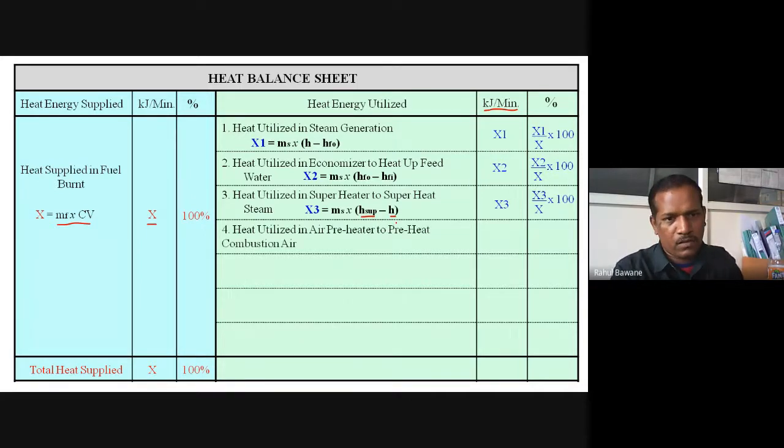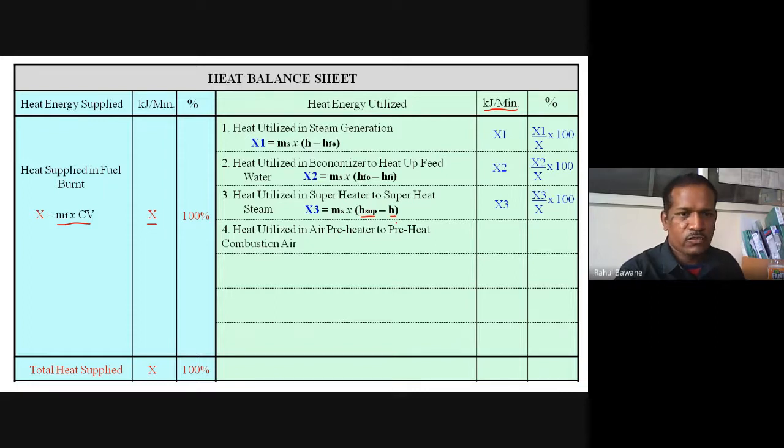Next, heat utilized in the air preheater to preheat combustion air. Why is it required? Because if air has moisture, just like rainy season air, it is always humid. So one part of your heat is utilized to evaporate all the moisture content of the air.